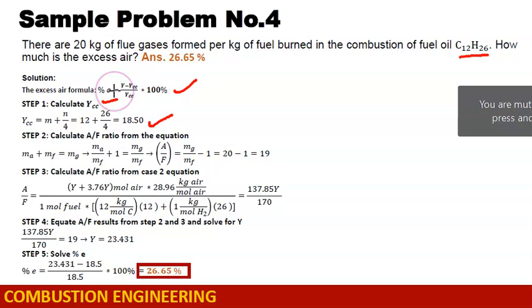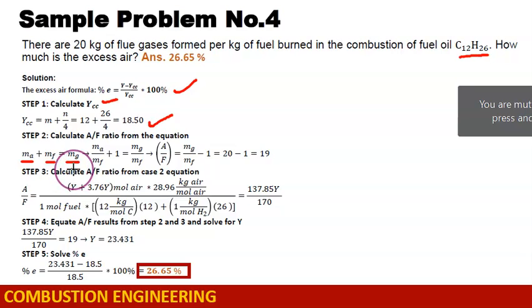The air-fuel ratio based on the equation can be given as mass of air plus mass of fuel equals mass of gas. So the products, which is gas, is just equal to the sum of the mass of air and fuel, assuming that there is a complete conversion, by conservation of mass.